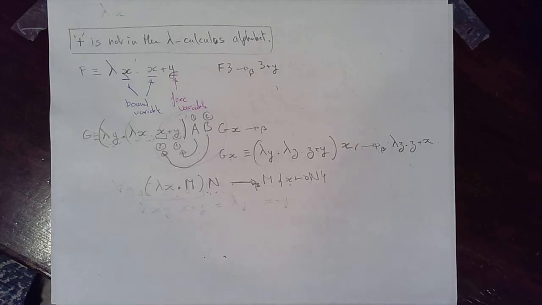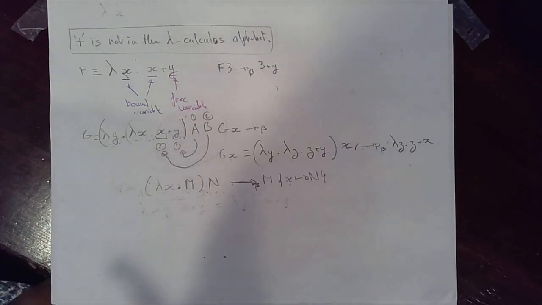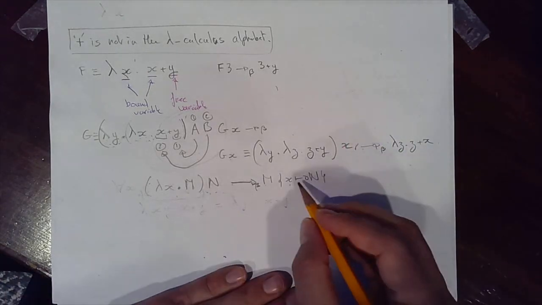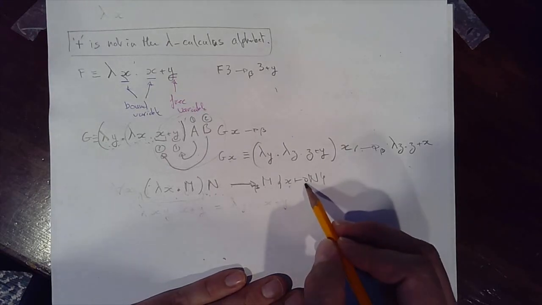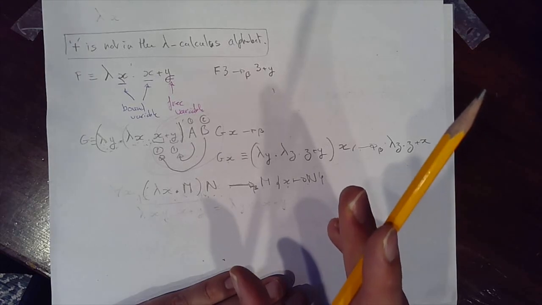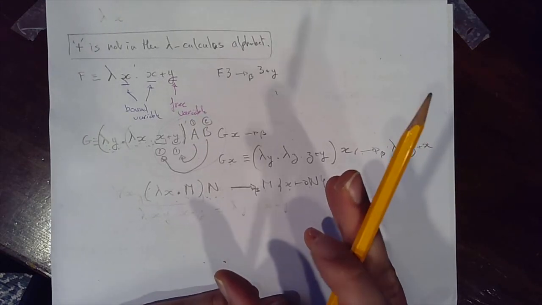Just one thing for substitution in the lambda calculus. It's a special kind of replacement, right? When we say m where all the x's are replaced by n, that means that we replace all the free occurrences of x by the term n, without capturing any free variables of n.